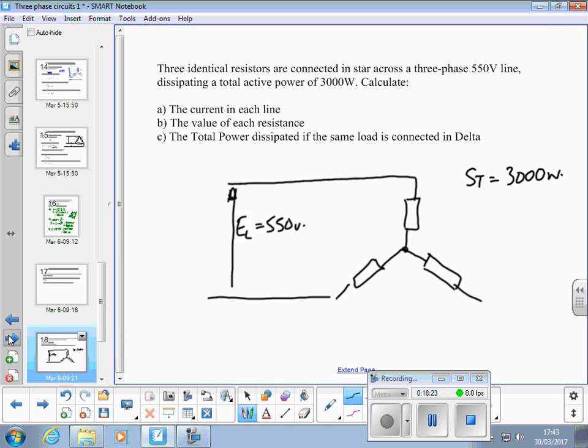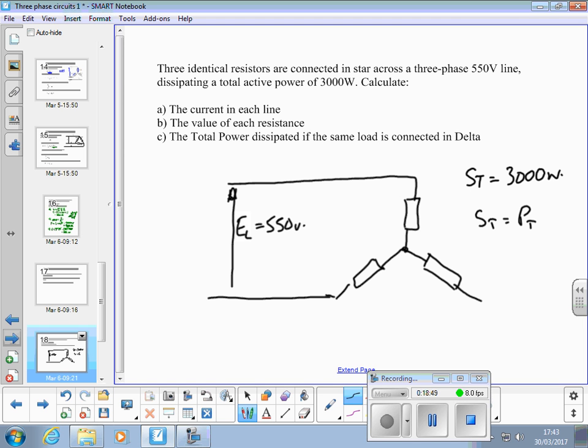Because the question says there are 3 identical resistors, we can consider them as R, and therefore ST is actually equal to the real power, because they're only resistors.